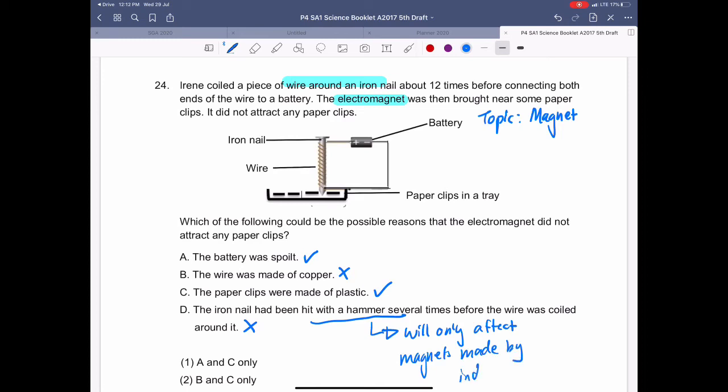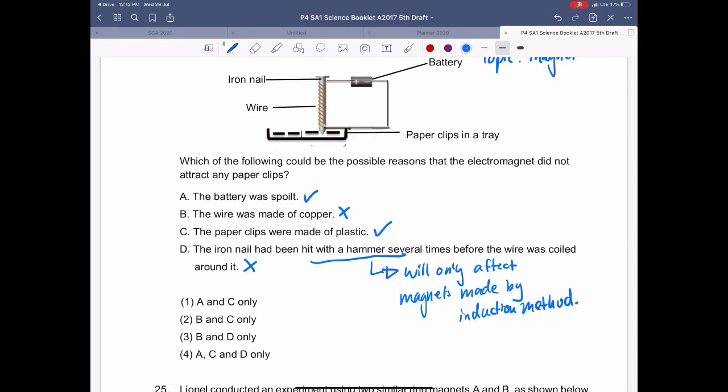Induction method. You remember induction method? The stroking one? When you use the magnet to stroke, and then after that it becomes magnetic. You remember that? Use another magnet to stroke. Then when you drop it, it loses its magnetism. So your answer will be A and C. Answer 1.